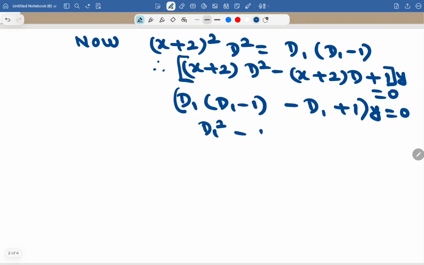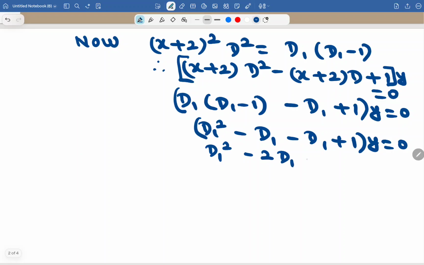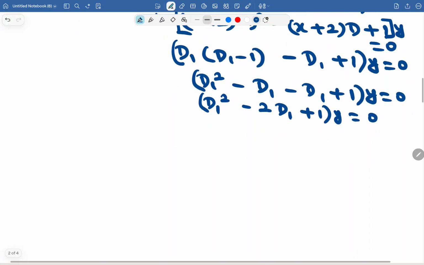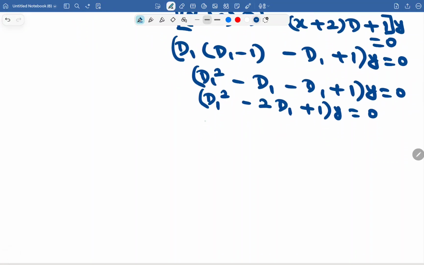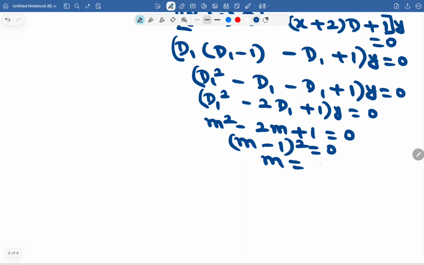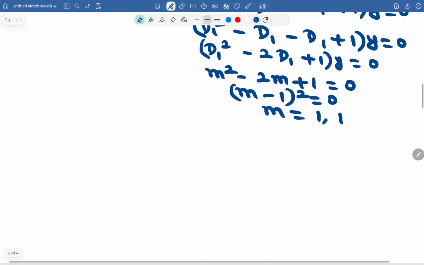It is nothing but D1 square minus 2 D1 plus 1 of y equivalent to 0. Now write the auxiliary equation: m square minus 2m plus 1 equivalent to 0. m minus 1 whole square equal to 0. m equal to 1, 1.